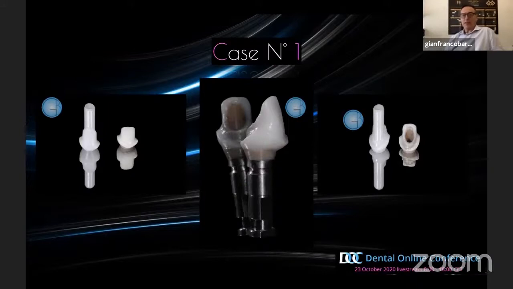We can see how it goes horizontally, and this is to give support to the soft tissue, and we can manage it in a proper shape compared to the adjacent tooth.